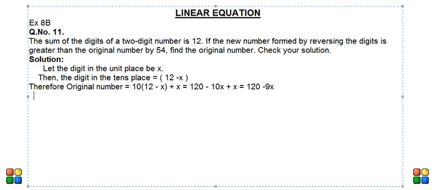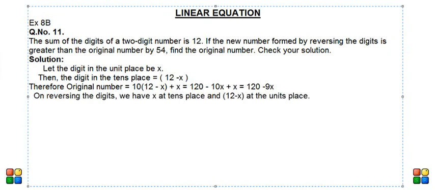So what changes will we have? On reversing the digits, we have x at the tens place and 12 minus x at the unit place. When we change the places, we will have some changes over here. And what are those changes? That can easily be judged.